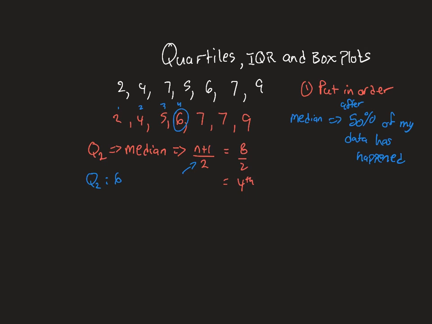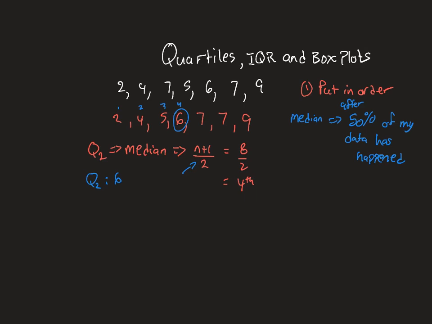So, if the median is after 50%, and I'm using the word quartiles, quart means 4. So I'm separating this into 4 pieces. If 50% is there, obviously 25% and 75% would have to be there as well. Before you ask, where's the 0% and the 100%? Well, that's your minimum and maximum values.